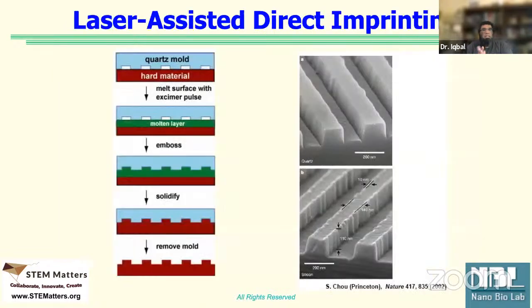All right, so laser assisted direct imprinting. What we are doing is pushing the mold into the hard material itself. Now the hard material is being made soft by application of laser. So the laser causes the substrate itself, the upper layer, to become soft, so the mold can get pressed inside, right?